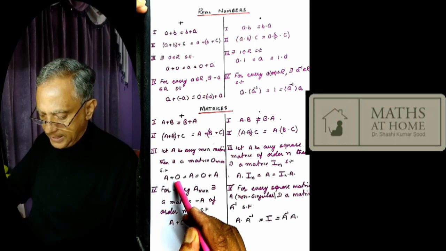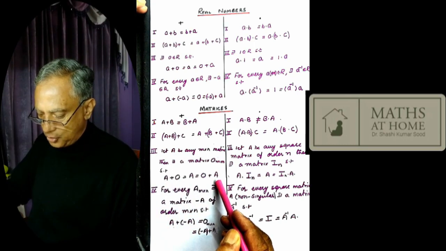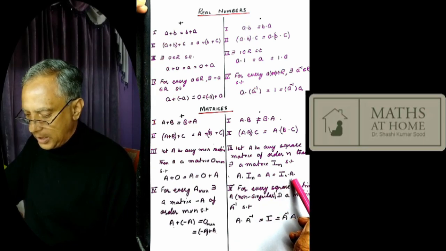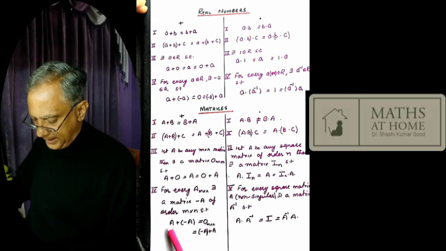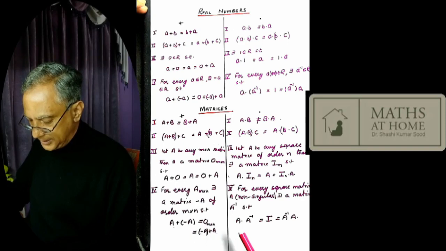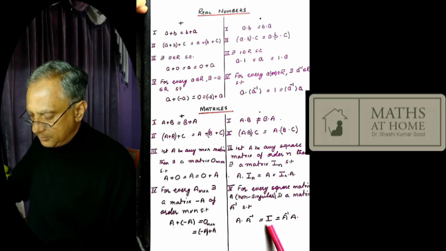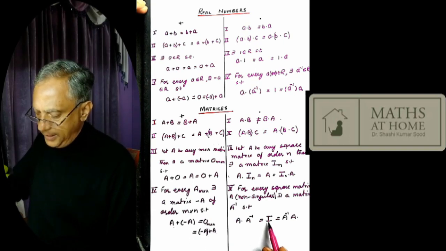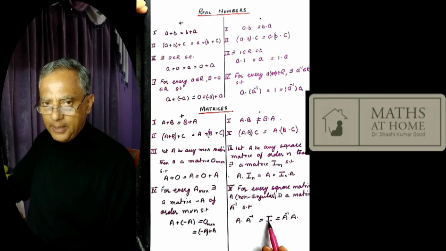And the properties: A plus 0 is A is equal to 0 plus A. A into In is A is equal to In into A. And here A plus minus A is 0. Here A into A inverse is the multiplicative identity. This is the additive inverse and this is the multiplicative inverse.